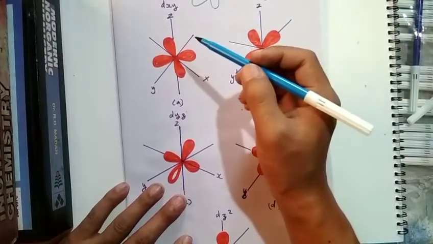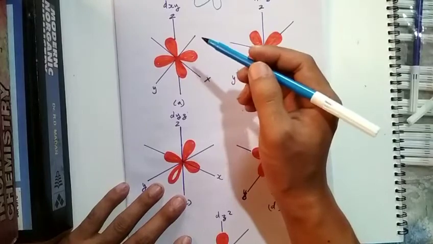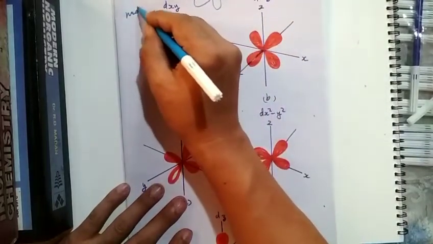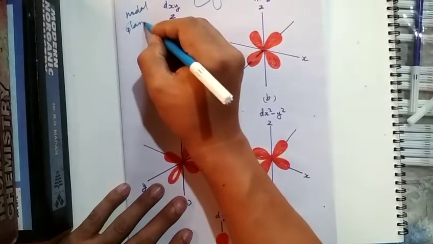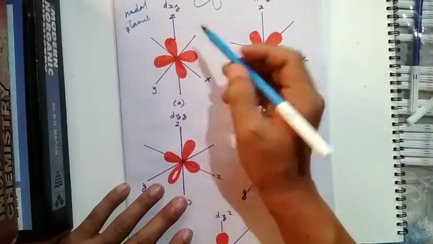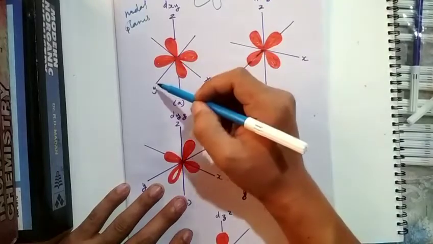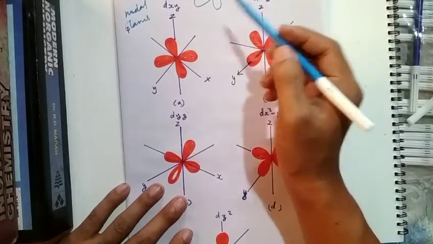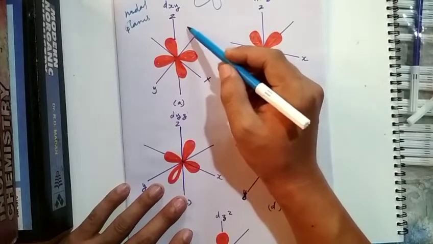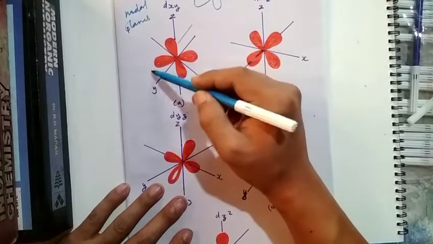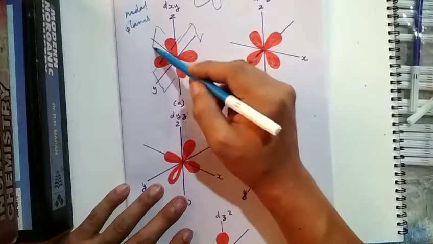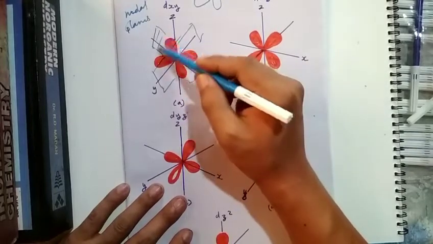And for this case, nodal planes or angular nodal planes. For d orbitals, 2 nodal planes are present. We can draw one nodal plane here and the other nodal plane here.